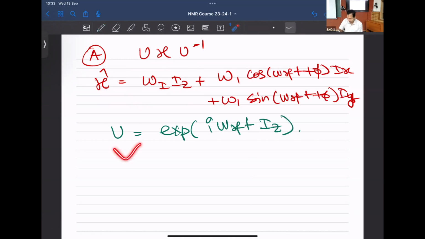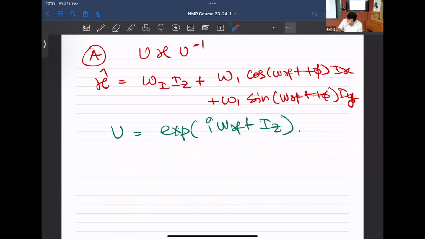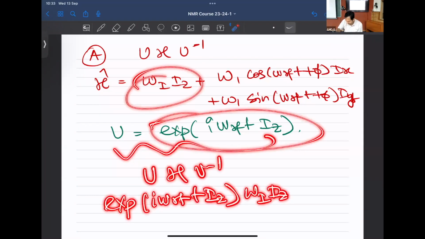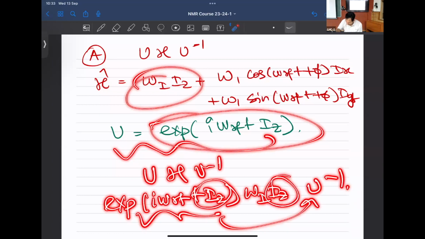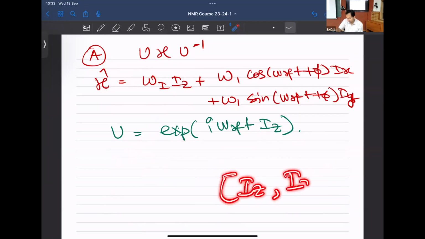If you pay attention, U inverse is nothing but exp(i omega r t Iz) times this part of the Hamiltonian, which is omega I Iz, times the inverse of this. You slowly realize all the operators have Iz in them. Basically, you're just trying to evaluate the commutator of Iz, Iz in the BCH expansion. Therefore, you can say that it does not evolve.